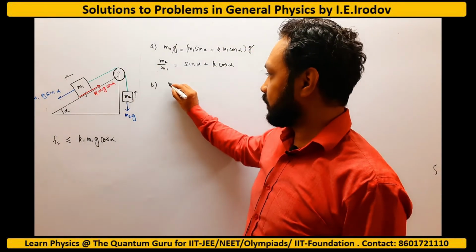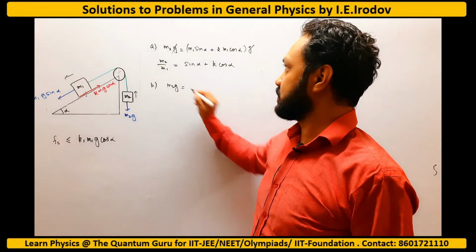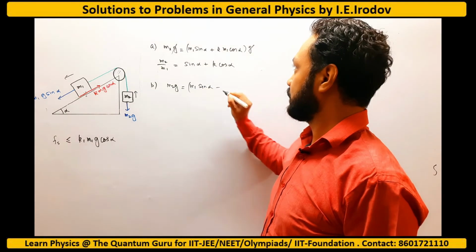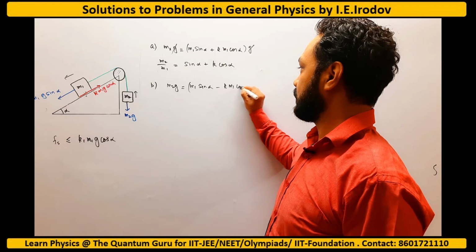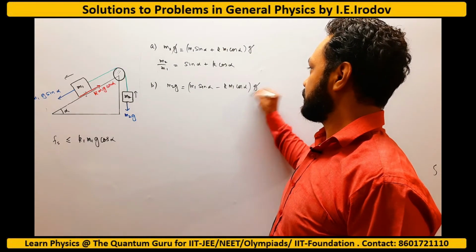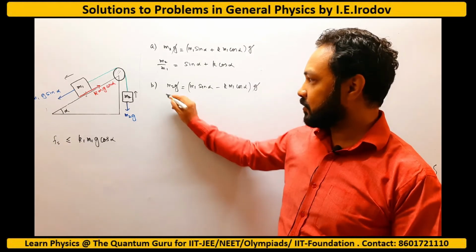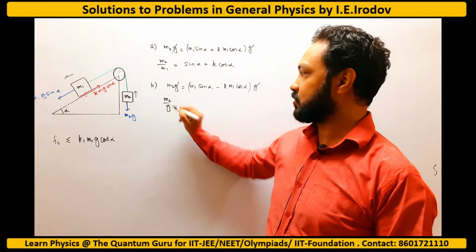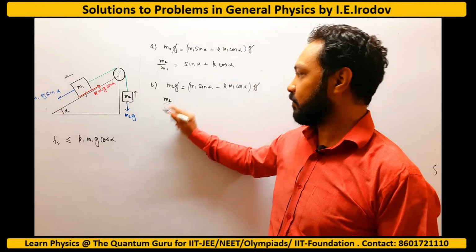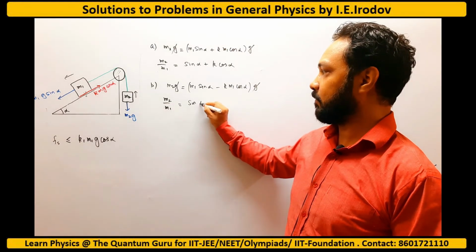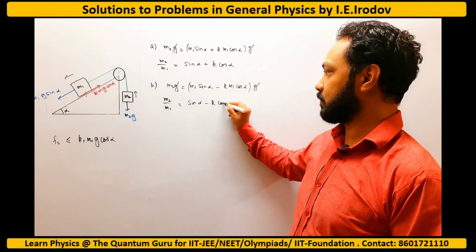So here now our equation will become m2g is equal to m1 sin alpha minus k m1 cos alpha into g, and g gets cancelled, divide by m1 both sides, so m2 by m1 is equal to sin alpha minus k cos alpha.